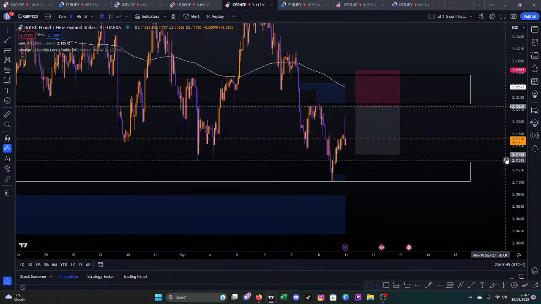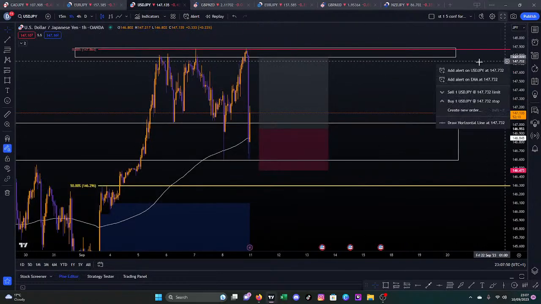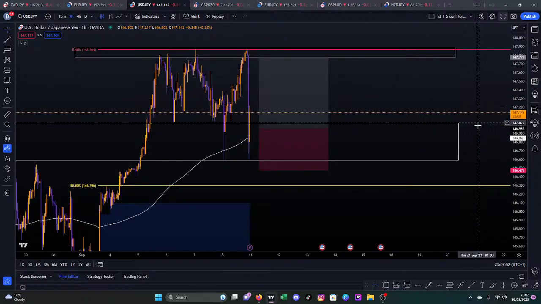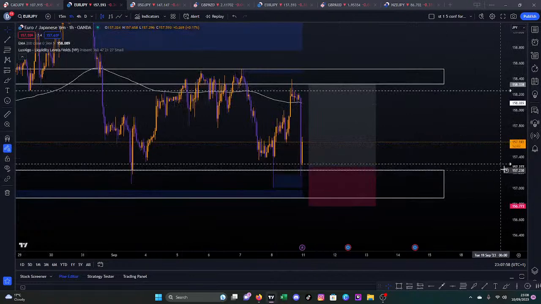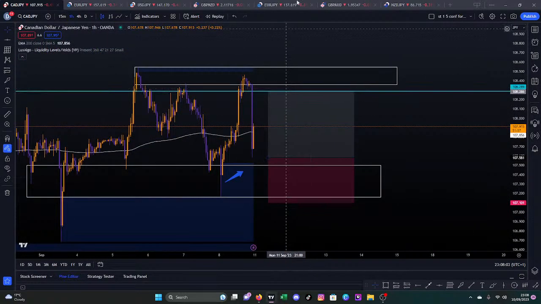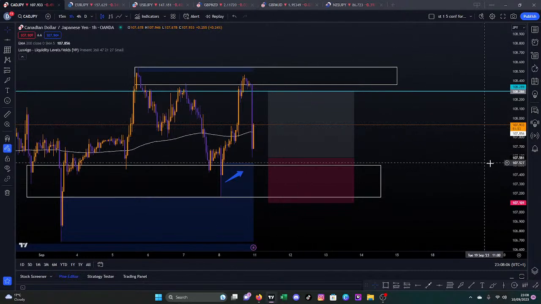And then we can also break it down into a 4-hour chart. Oh, didn't mean that, but we've lost a trade there. Oh well, fair enough. And we can see what happens. Oh, we've already got Euro JPY on.